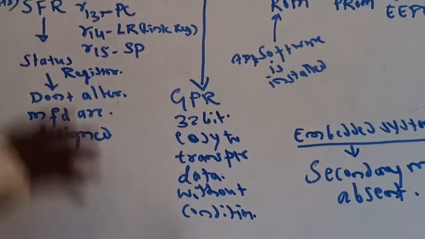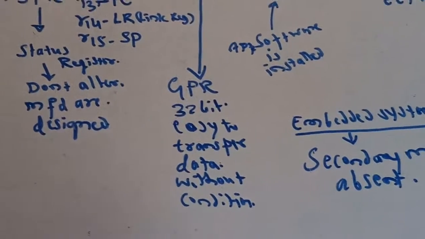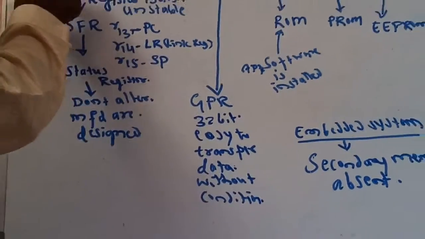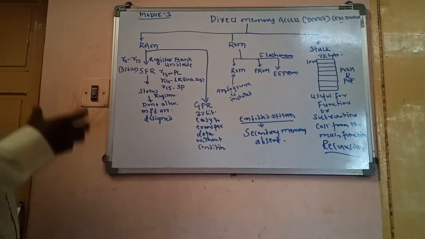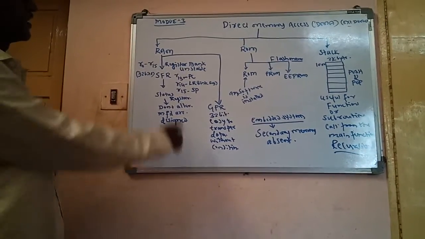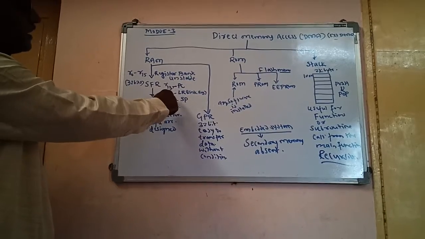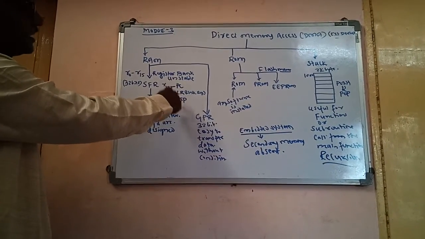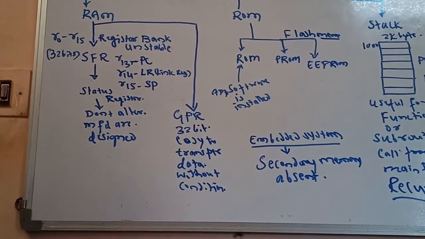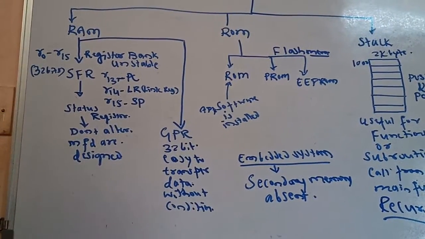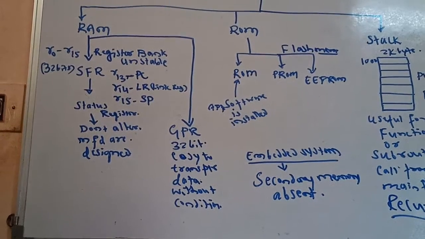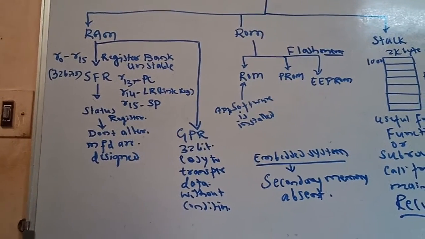This is known as the register bank of the RAM, and this same register bank can also be used as 32-bit general purpose registers. There is no constraint. You can fix R13, R14, R15 as PC, LR and SP, but that is not necessary. You can use them as general purpose, but whenever you are executing a special function SFR, you must select this register. This is the major criterion for selection of the register bank.